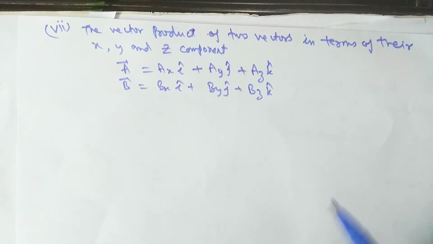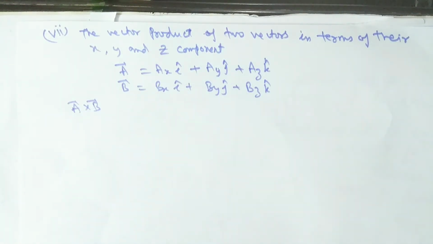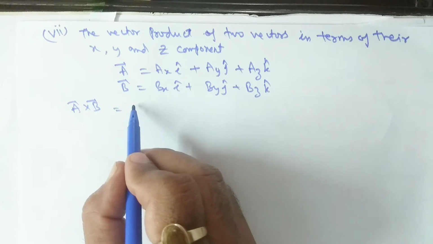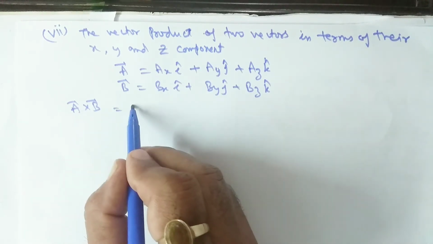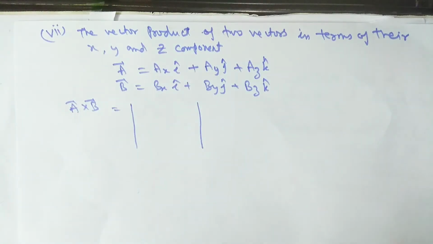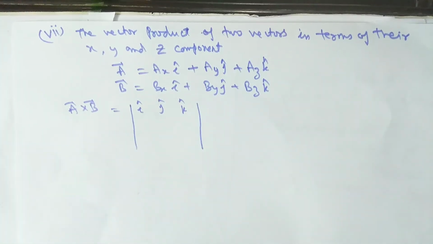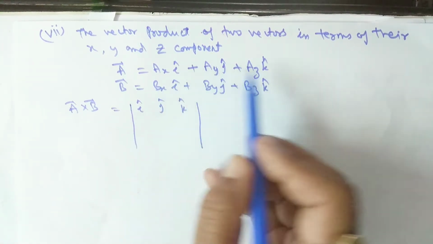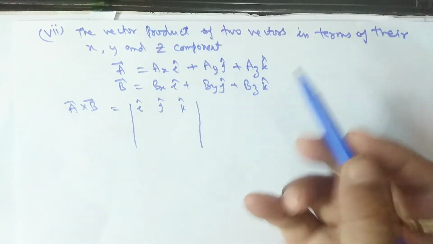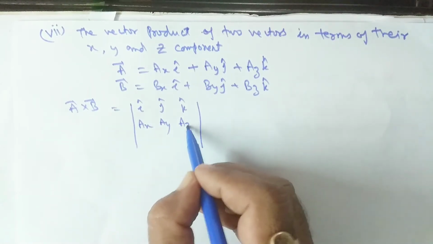We find A cross B. An easy method to solve it: write in this form I, J and K, which show only the directions along the x, y and z axes. Now for A write Ax, Ay, Az.